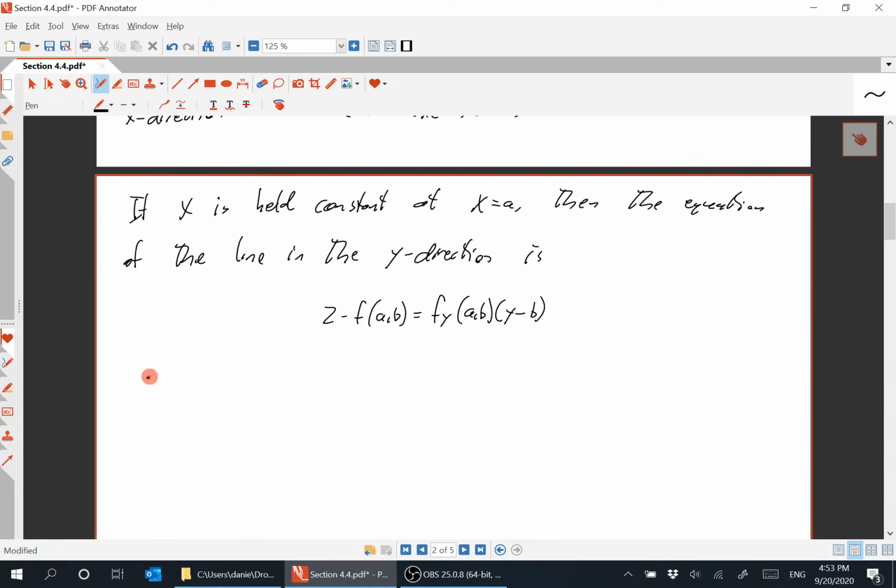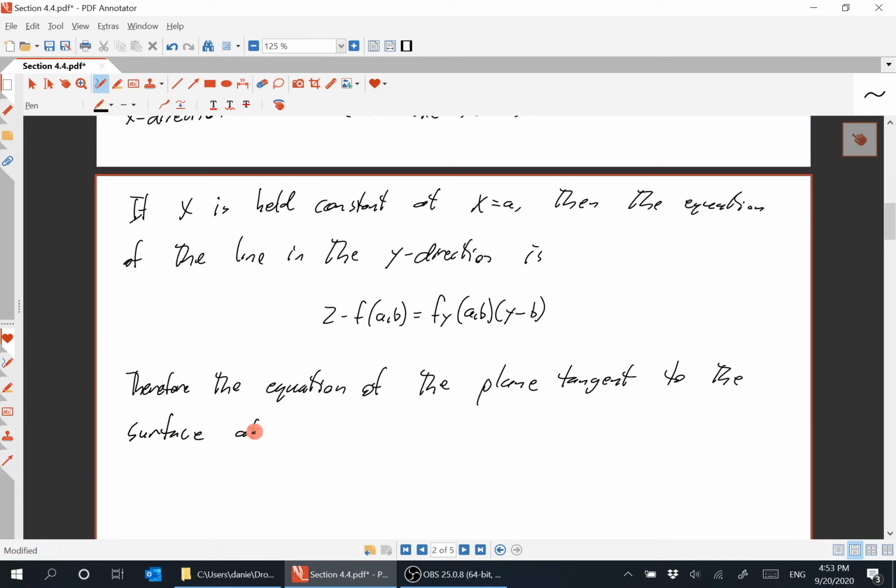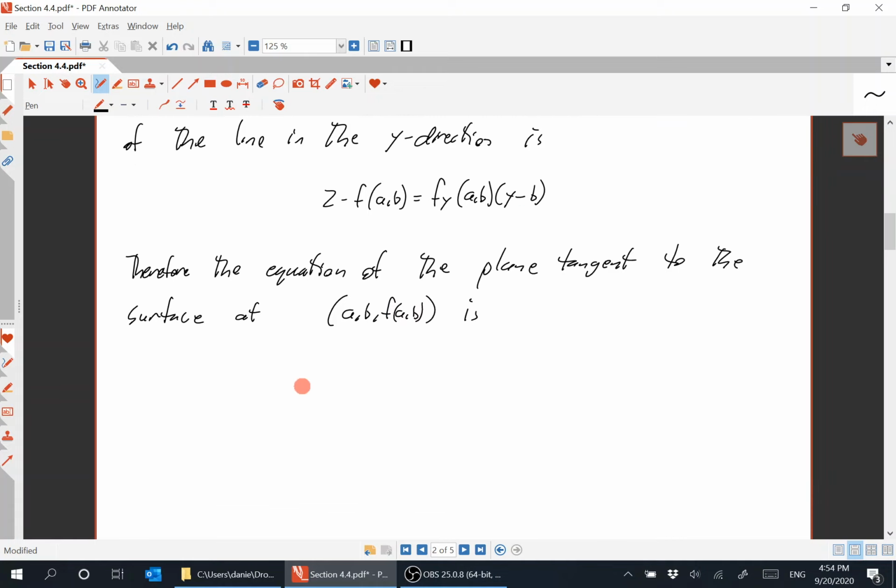Right? Therefore, the equation of the plane tangent to the surface at the point a, b, f of a, b is, well, you just combine those two equations.